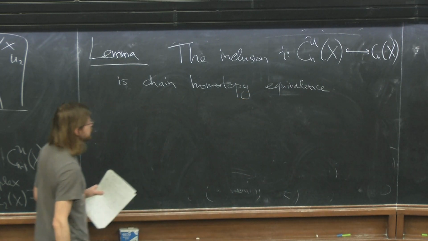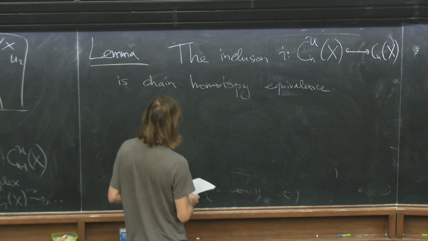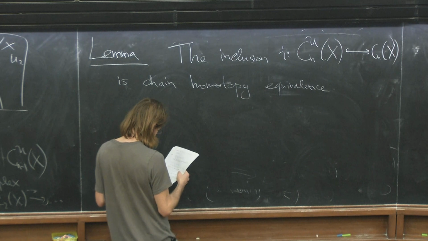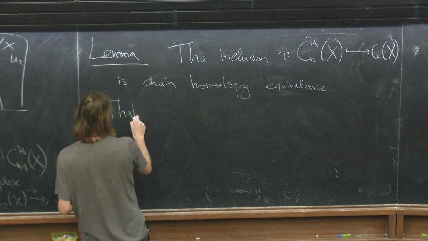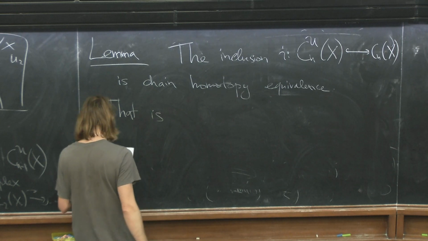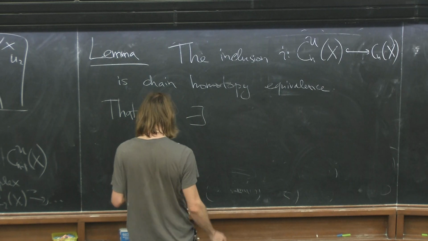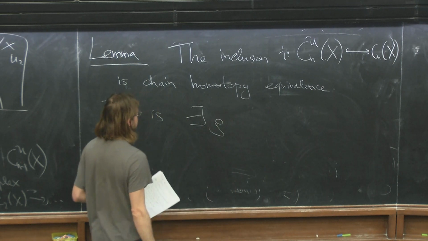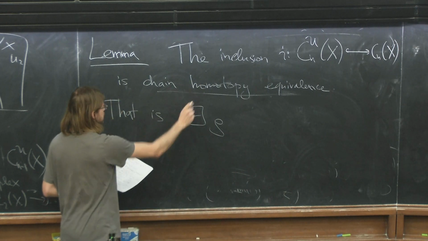We have a general statement of what a chain homotopy is. So what does this mean? Let me elaborate. This is just the definition of a chain homotopy equivalence.